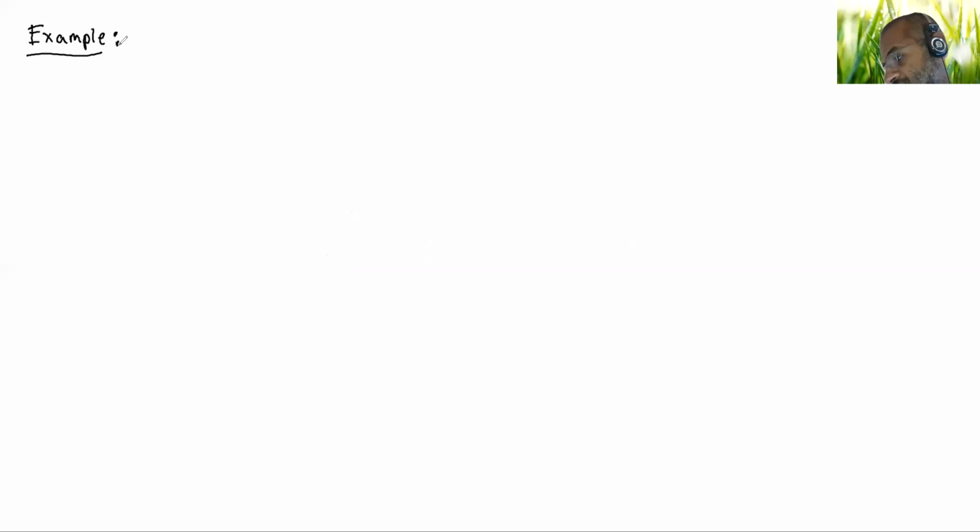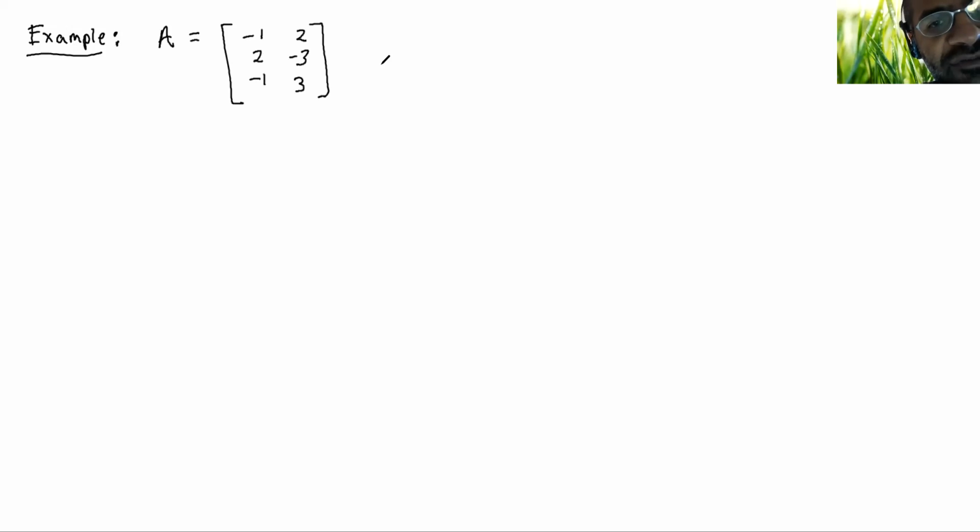So the example is, I have a matrix A, which is the matrix minus 1, 2, 2, minus 3, minus 1, 3. And I have some vector b, which in this case will be the vector 4, 1, 2.